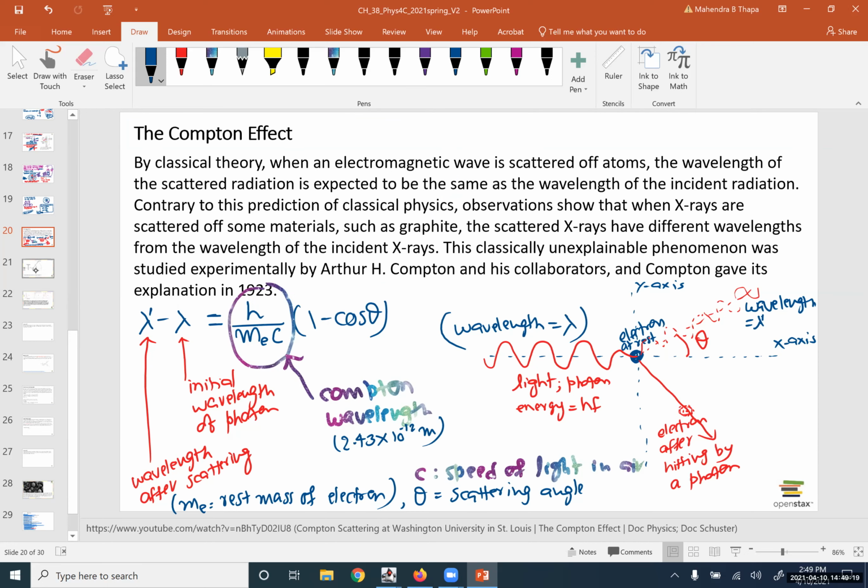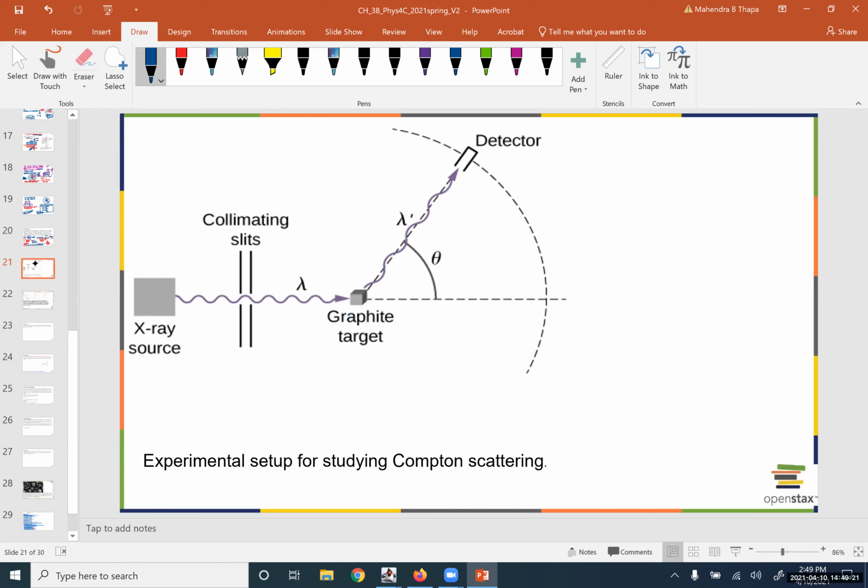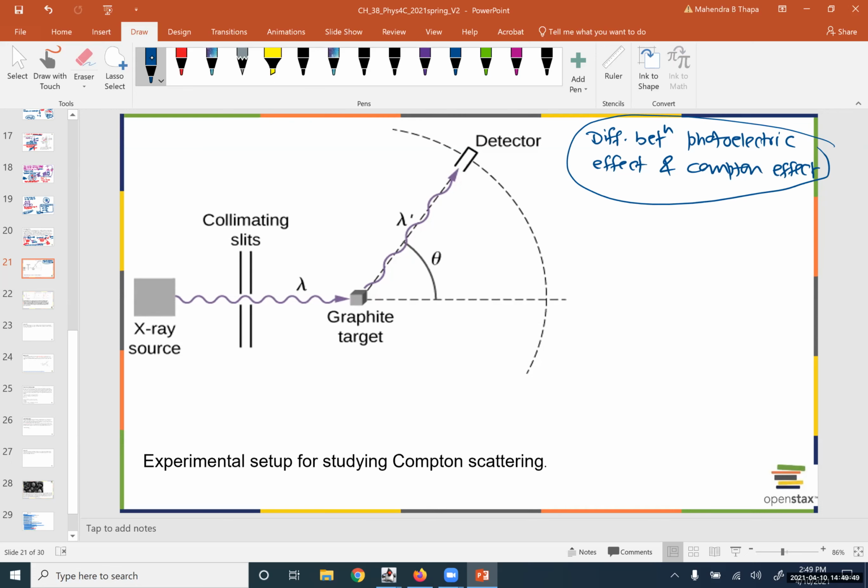So the main question is, what is the difference between the Compton effect and the photoelectric effect? Just think about how we can state the difference, because both phenomena explain the quantum effect.